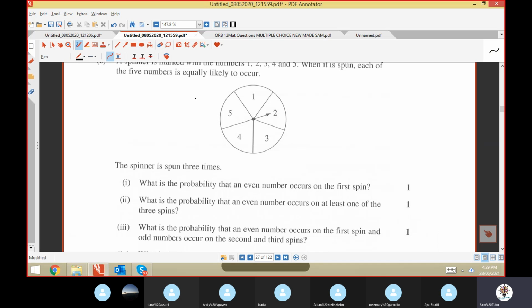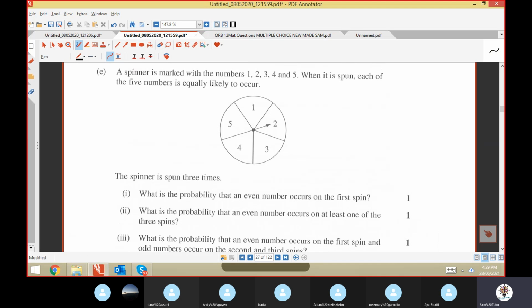All right, probability. A spinner is marked with the numbers 1, 2, 3, 4, and 5. When it is spun, each of the 5 numbers is equally likely to occur. The spinner is spun 3 times. What is the probability that an even number occurs on the first spin?